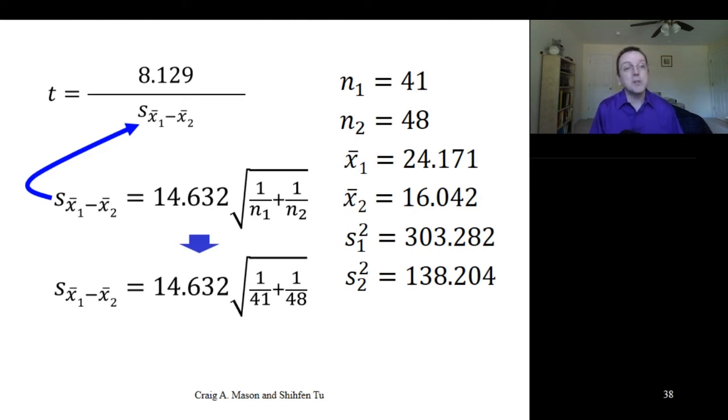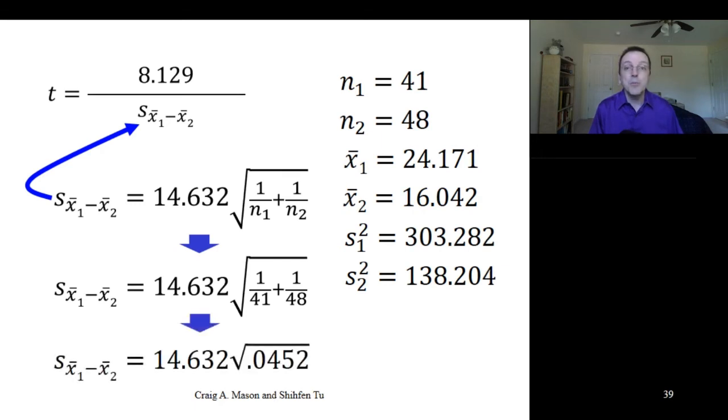1 over 41 plus 1 over 48 is 0.0452. So the standard error of the difference between means is equal to 14.632 times the square root of 0.0452. Multiply those together and we get the standard error of the difference in means is equal to 3.112.